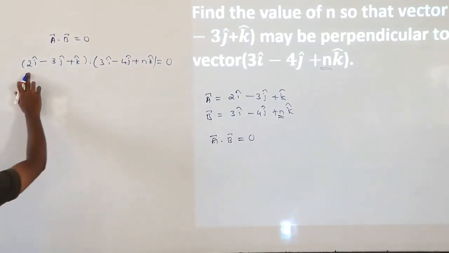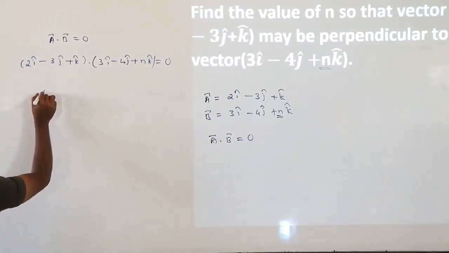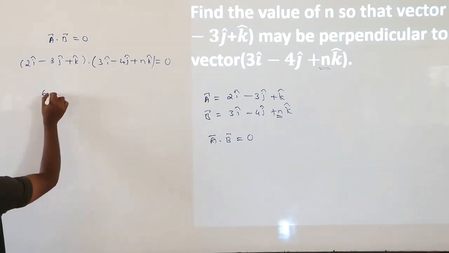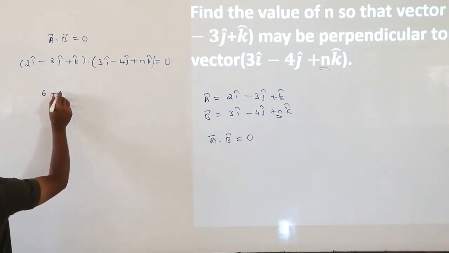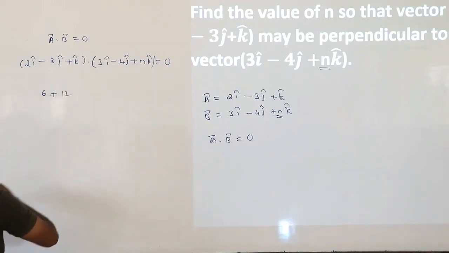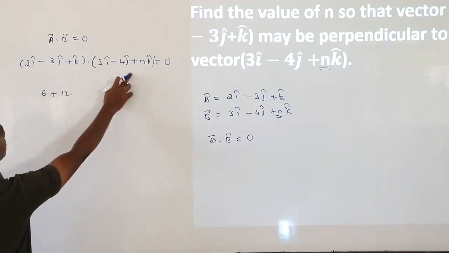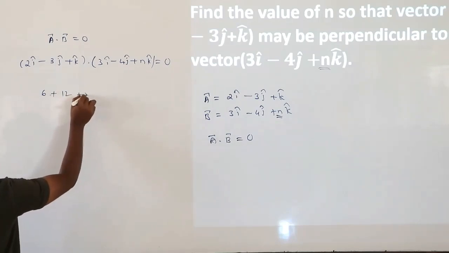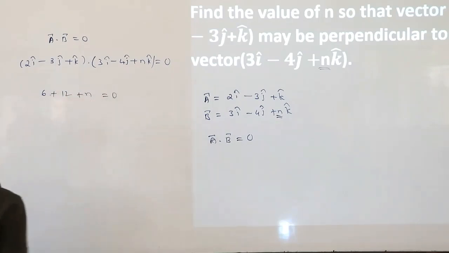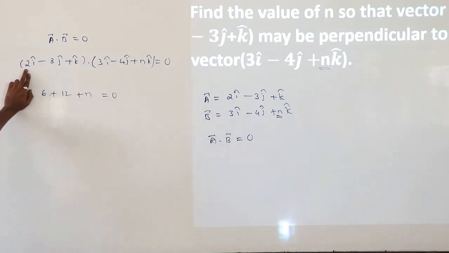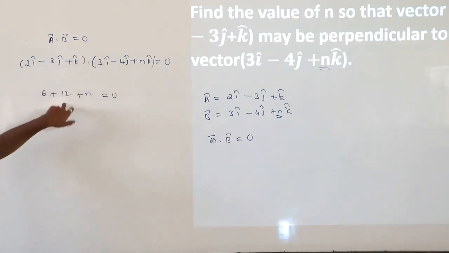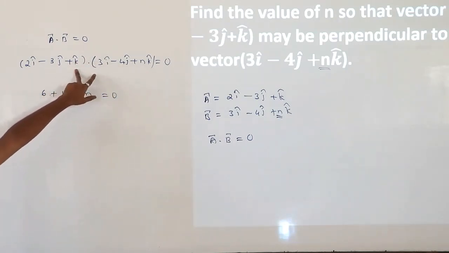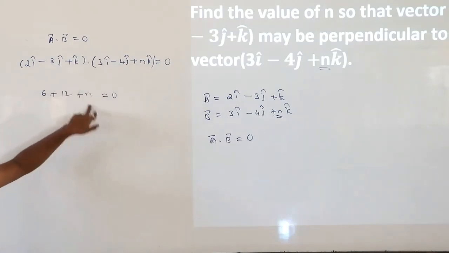So 2 into 3, 6, plus minus 3 into minus 4, it will become plus 12. So plus 1 into n, this will become n equals 0. So 2 into 3 will be 6, 3 into 4 will be 12, and az bz, 1 into n, will become n.